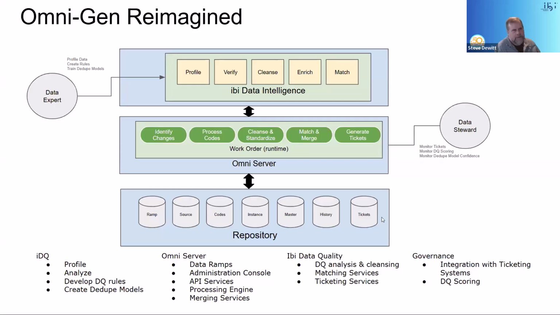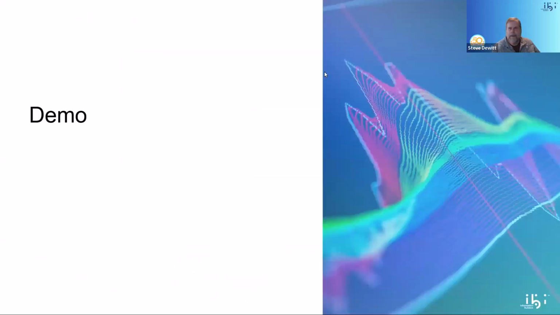An Omni data model, I should say, that was designed for legacy Omni is still going to work. The Omni server and its work order processing doesn't change. It's still fundamentally the same. But the points at which it calls out for cleansing and standardization and for matching are happening over here in IDI. All right, which brings us to the demo.